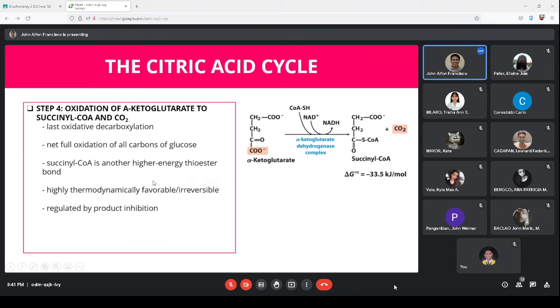Alright? So next will be the oxidation of alpha-ketoglutarate to succinyl-CoA and carbon dioxide. So you will form another carbon dioxide with step 4. This is the last oxidative decarboxylation. And what happens here?